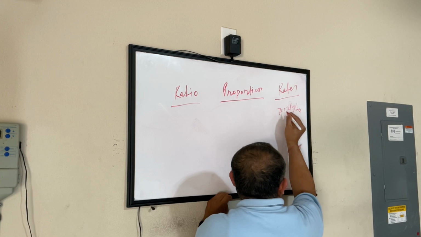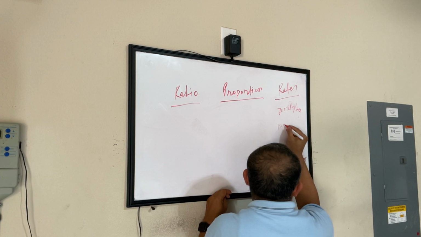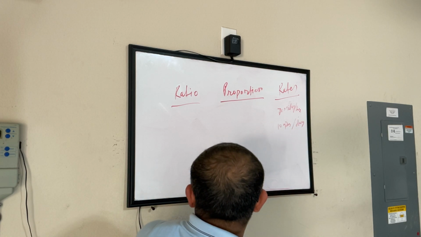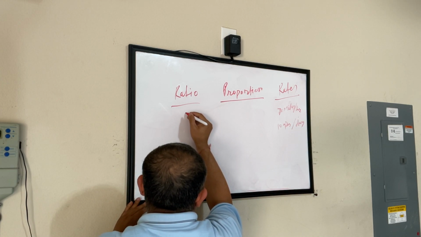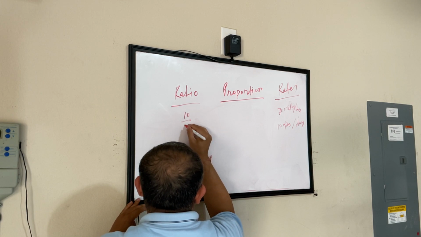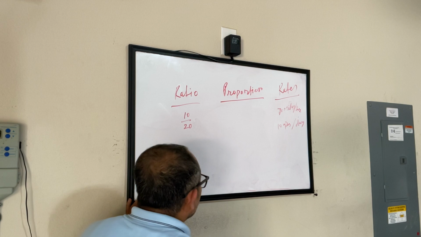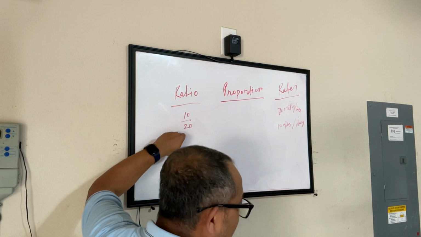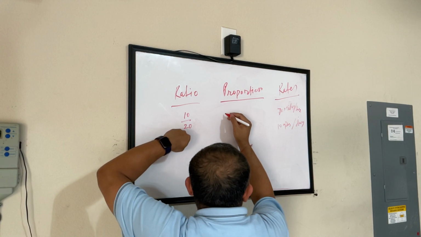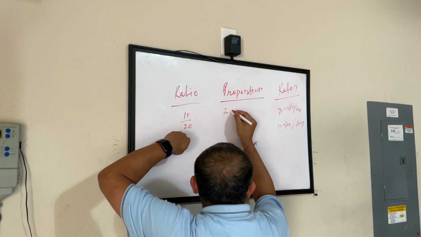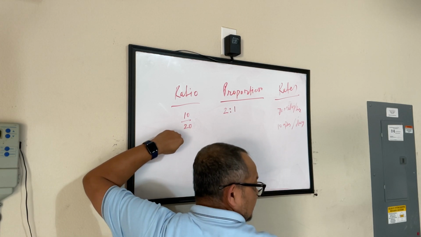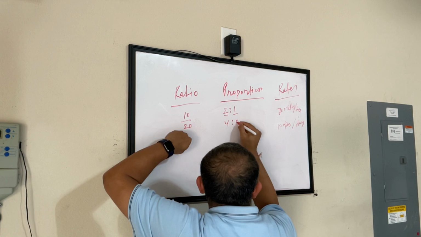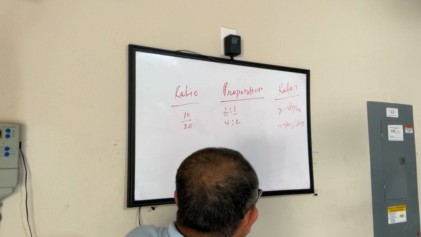Or I'll say I drink 10 glasses of water per day. Okay? Here, look at this ratio. I'm saying 10 by 20, and this is the ratio between the two numbers that I'm comparing. Or if I'm talking about proportion, then I'm talking about 2 cups versus 1 cup, 4 cups versus 2 cups, some 2 numbers.